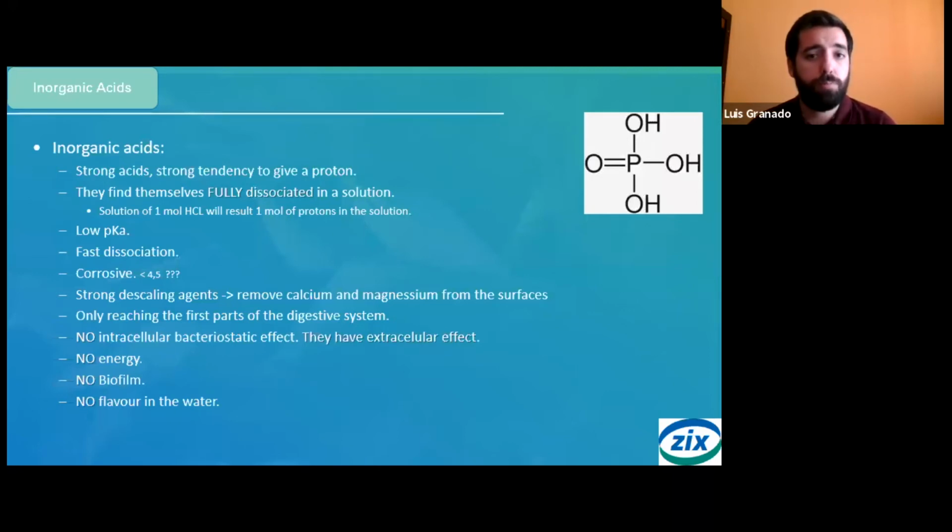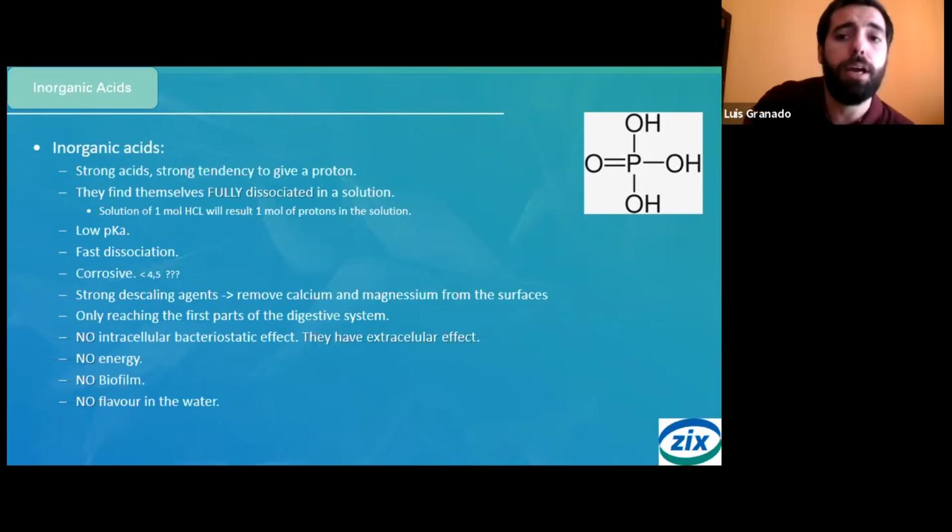They are more corrosive because they manage to get lower pH quick, and it is that low pH that can generate the corrosion issues, but not the acid itself. They are also a strong descaling agent for the same reason.